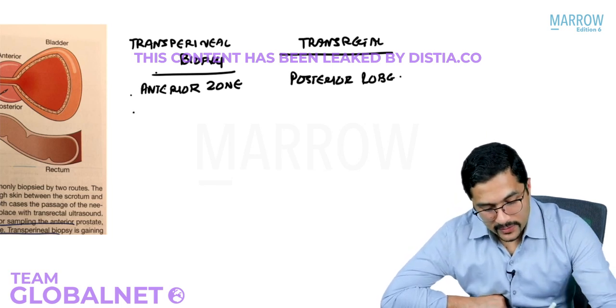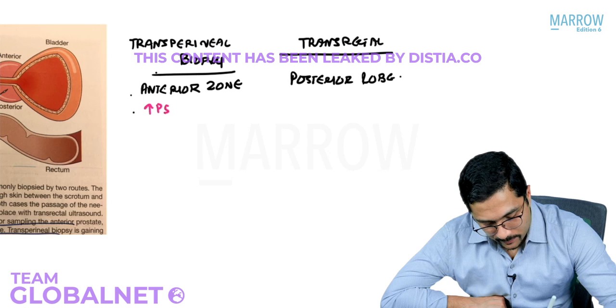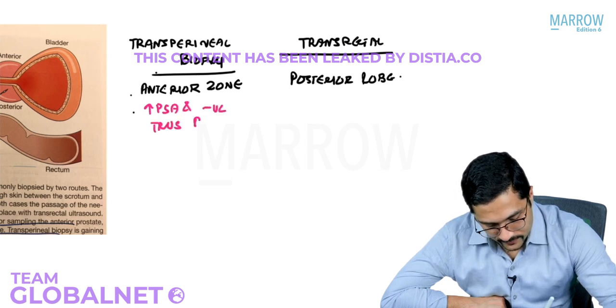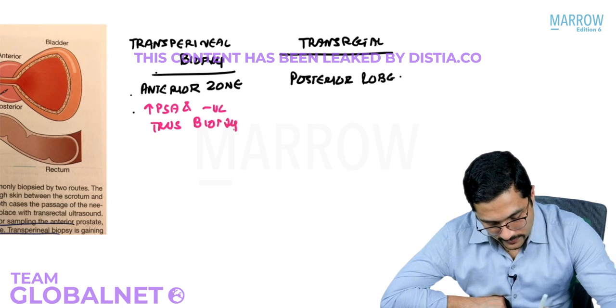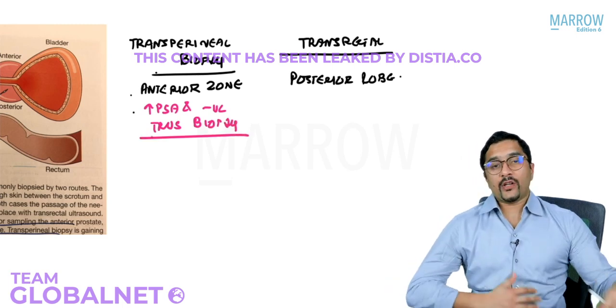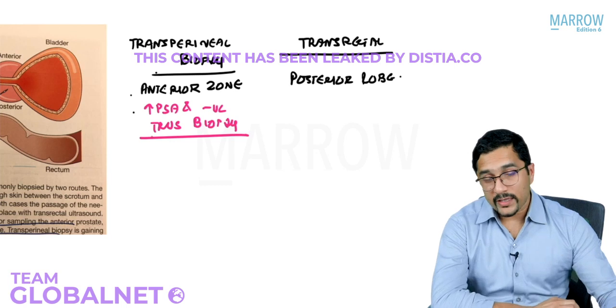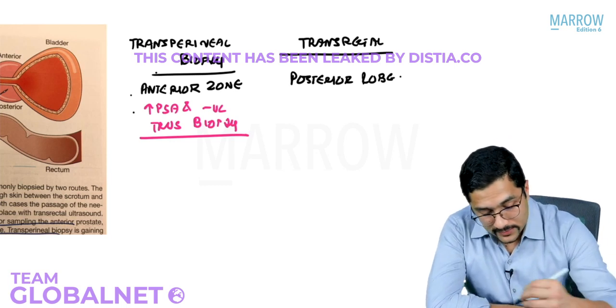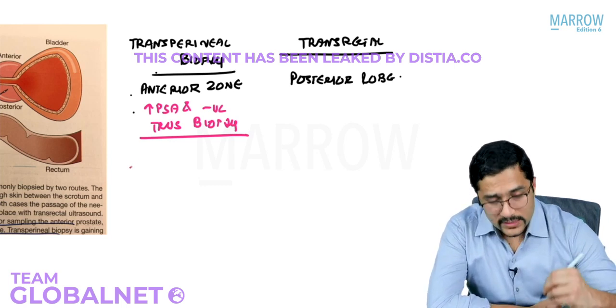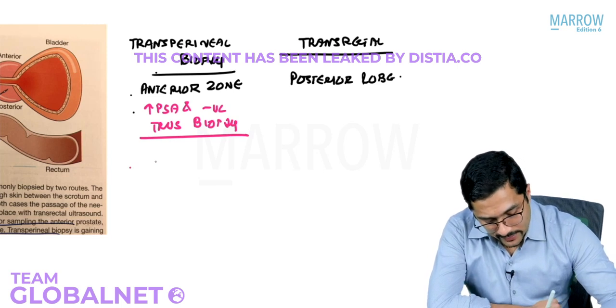Transperineal biopsy, one more indication is when there is raised PSA and a negative TRUS biopsy. If there's raised PSA and you have a negative transrectal biopsy, then also we do a transperineal biopsy in patients. But the problem with transperineal biopsy is that it has to be done under general anesthesia.